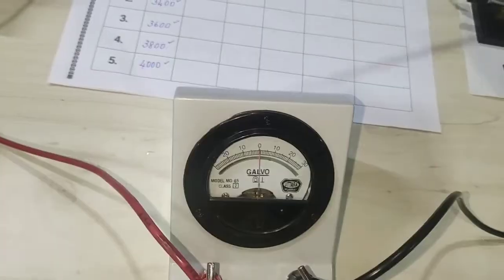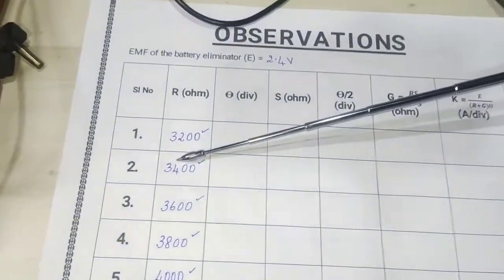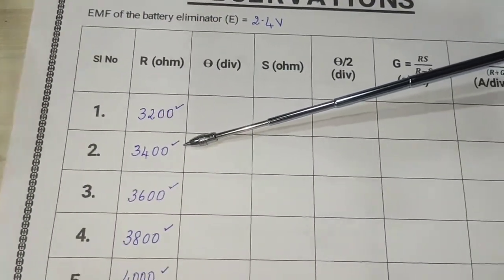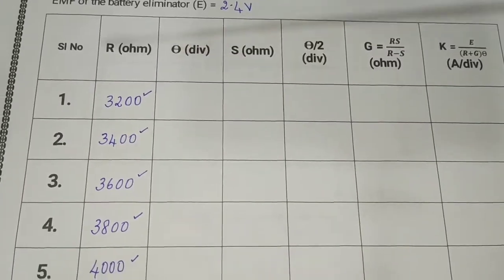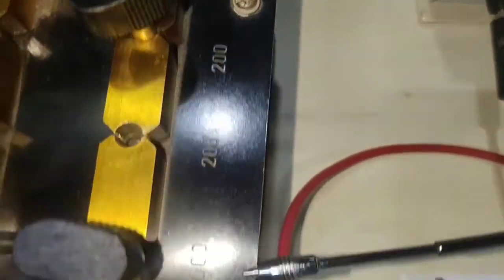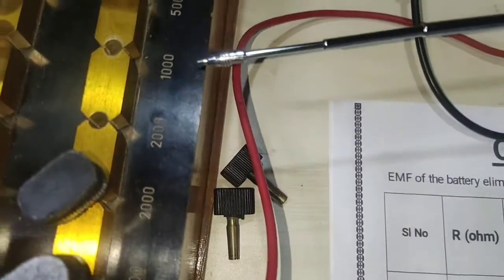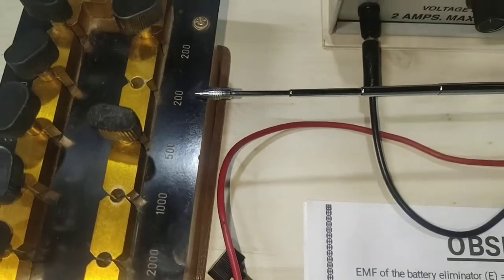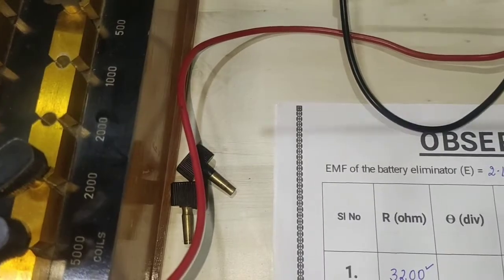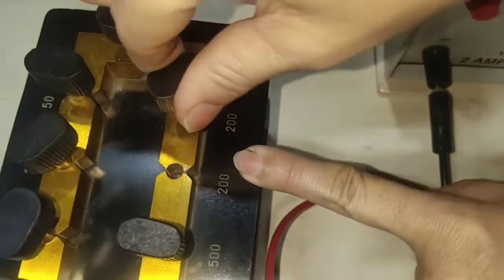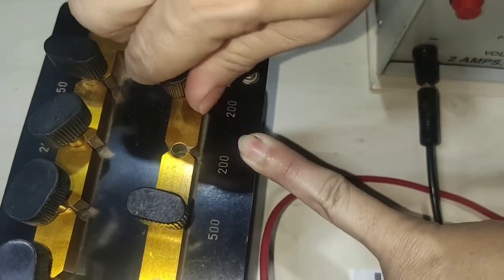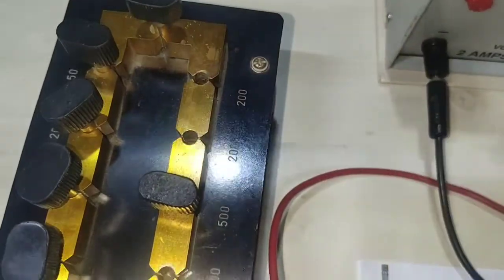Trial 2, part 1. You need to unplug 3400 ohms in R. This is the big resistance box and this is R. So we had unplugged 3200. So another 200 ohm if I unplug, and all the keys are tight because I had tightened them in trial 1.